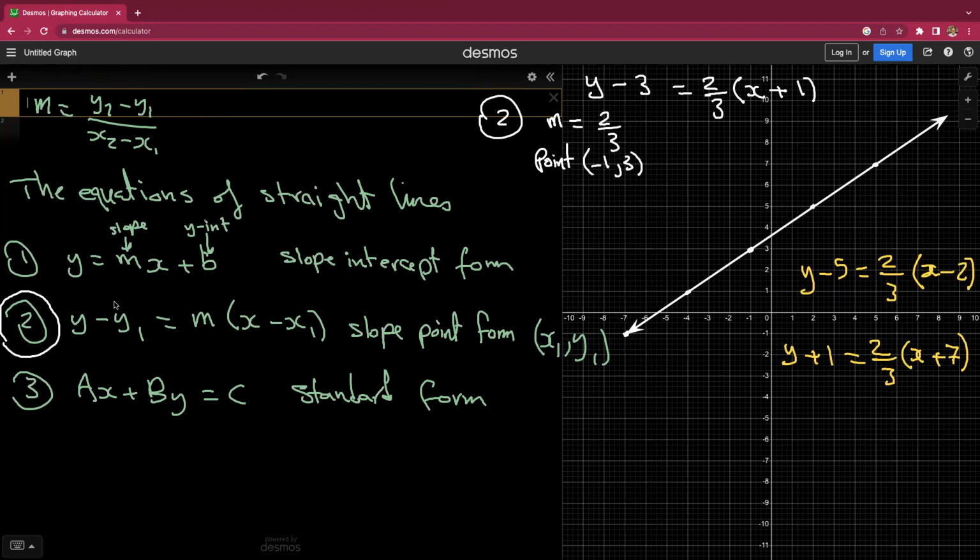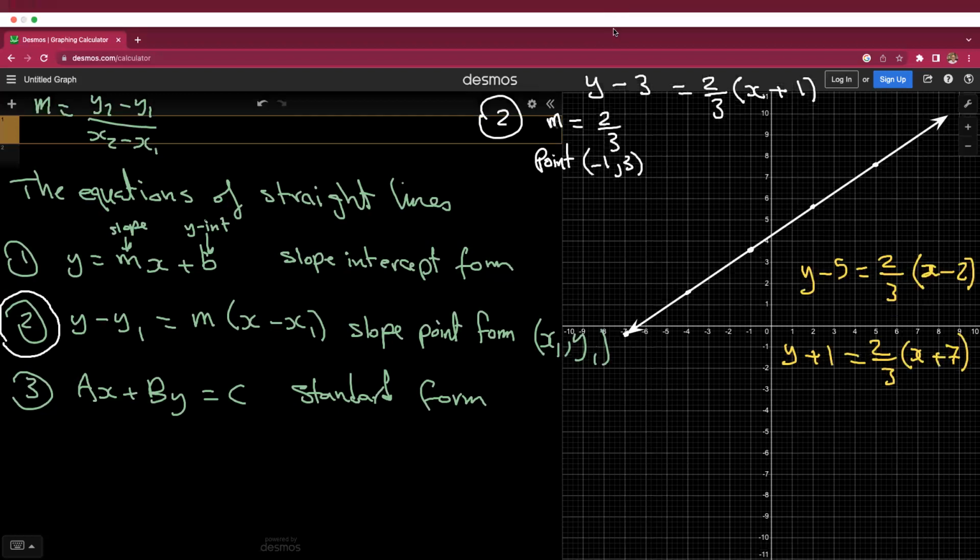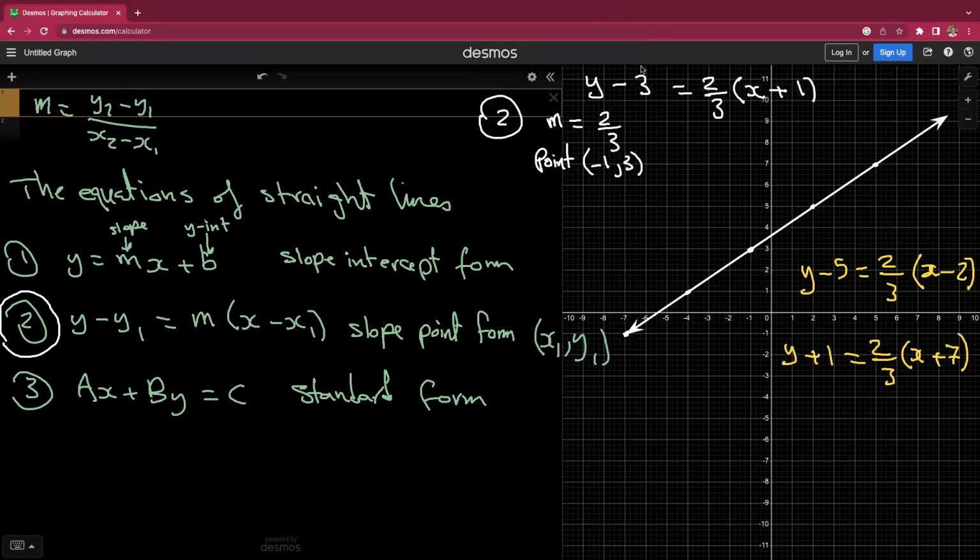So again, I'm going back to this equation, guys. I already know what the slope is, but I could choose other points. One point I chose for this one here is this point right here. This point here is 2 and 5.